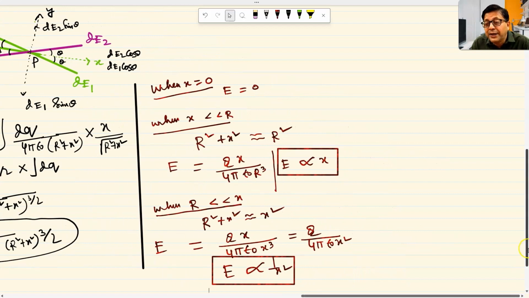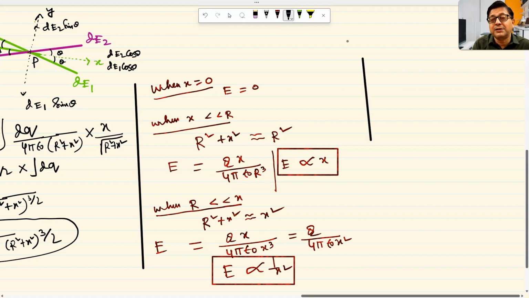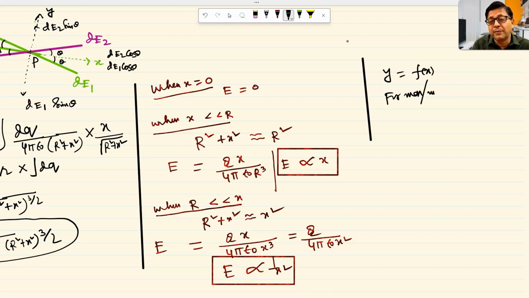Just let me remind you one thing from calculus, maxima and minima. A function y equal to f(x) has a maximum at a point if, for maxima or minima, dy by dx equal to 0, and at the point of maximum dy by dx changes its sign.